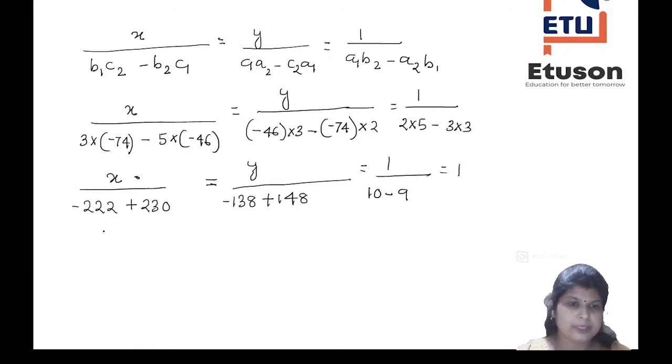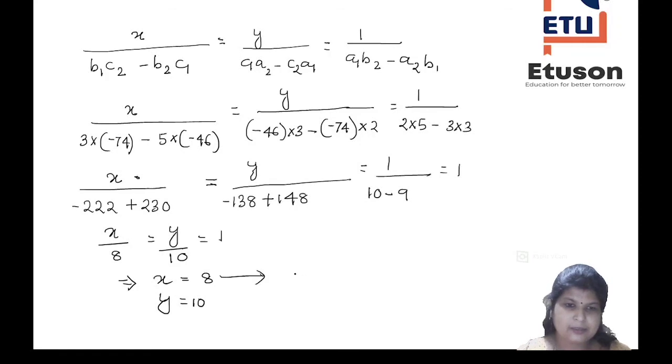So what will be our x value? So that is x divided by 8 is equal to y divided by 10, that is 1. It implies your x is equal to 8 and y is equal to 10. What is x? Ticket to Malleswaram.